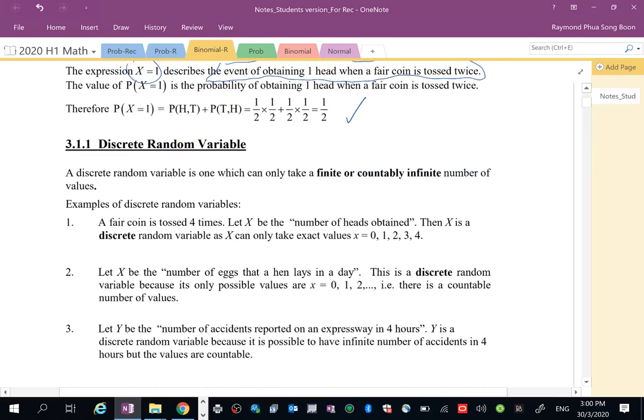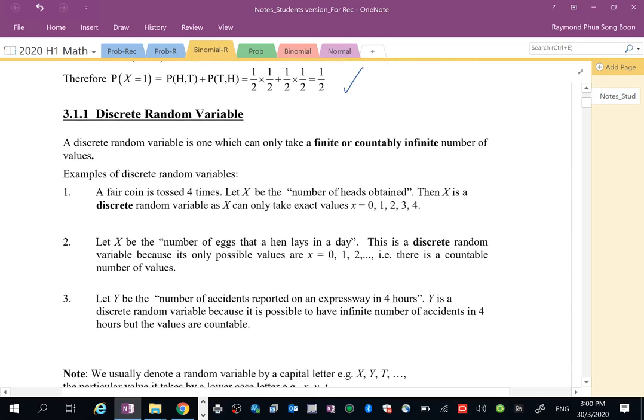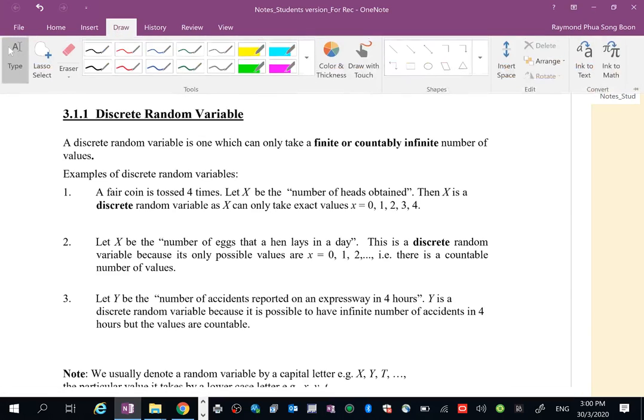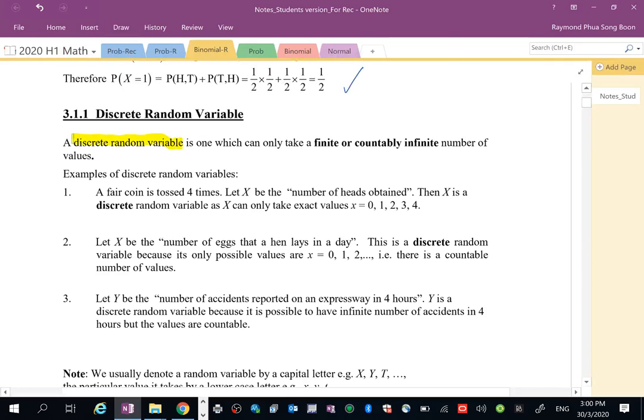After knowing what a random variable is, it can be classified into 2 types. It can either be a discrete random variable or a continuous random variable. For the purpose of the H1 Maths syllabus, you will need to know what a discrete random variable is. A discrete random variable can only take on a finite or countably infinite number of values.